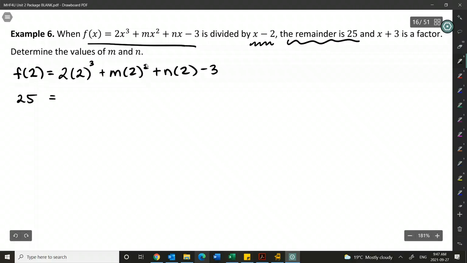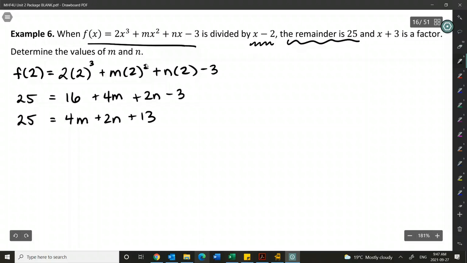So using remainder theorem, and then I'm just going to clean this up a little bit by using BEDMAS. 16 minus 3. And I'm actually just going to move everything without a variable to the left-hand side here. So I'm just going to take one more step here. We'll move the 13 over. It will become negative 13, and we will get 12 here.